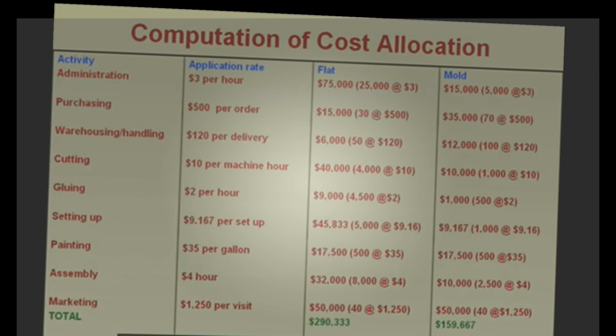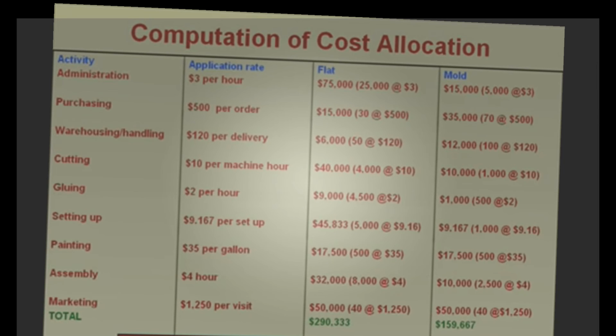To get the unit overhead cost for flat, it's $290,333, which is the total cost, divided by how many units for flat? Do you remember? It was 50,000 units. So if you divide it, you get $5.81 per unit for flat.